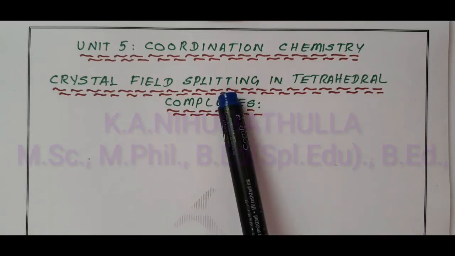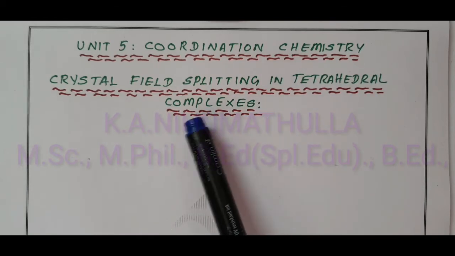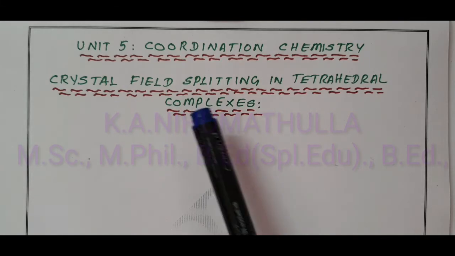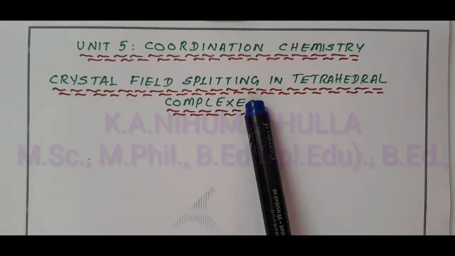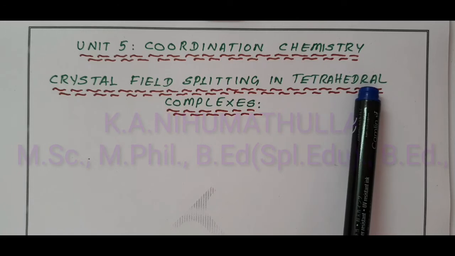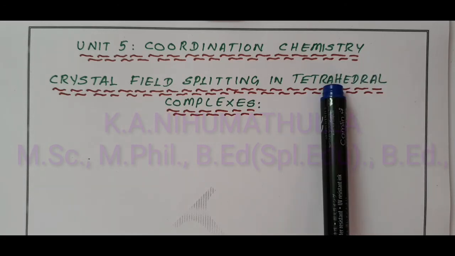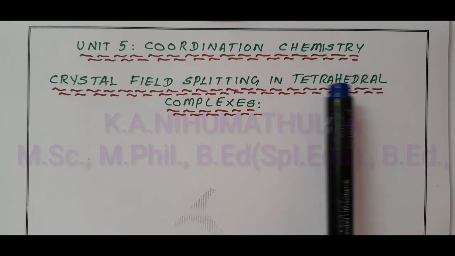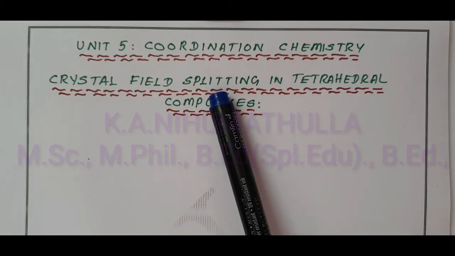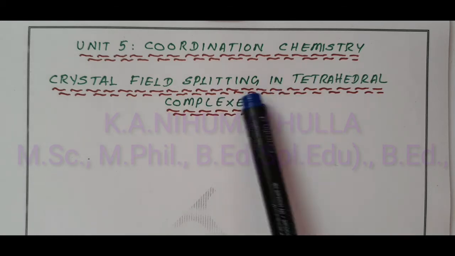We are going to see two different structures showing how, in tetrahedral complexes, the ligand approaches the central metal ion and how the central metal ion d orbitals point towards the axis or in between the axis.